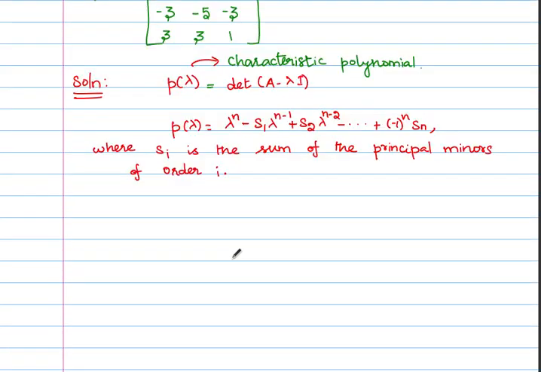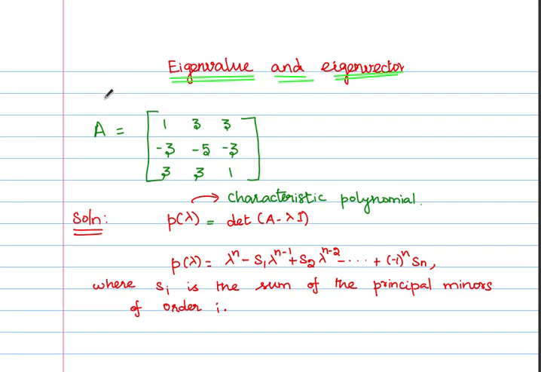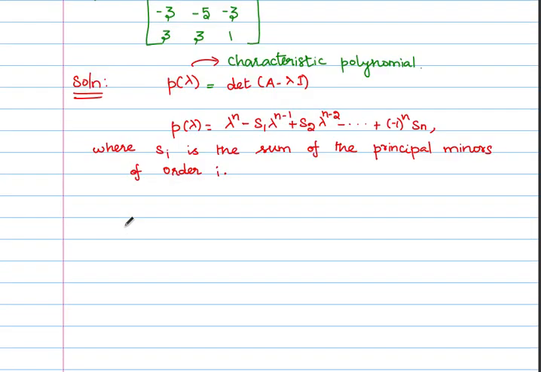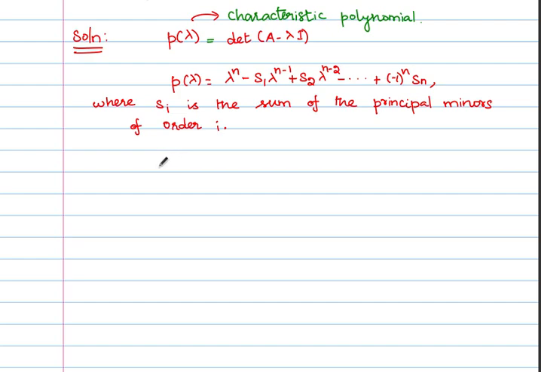Now in our problem, the given matrix is of order 3. So our P of lambda becomes lambda power 3 minus s1 lambda square plus s2 times lambda minus s3. Now I want to find s1.